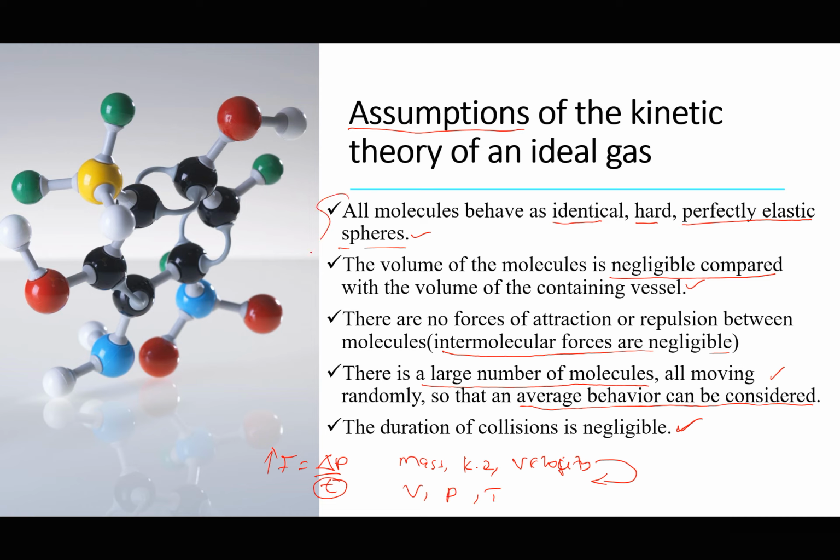So we shall need these assumptions for an ideal gas to be able to link the microscopic world to the macroscopic world, as we are going to see. I hope these assumptions are very direct and are home and dry to you.